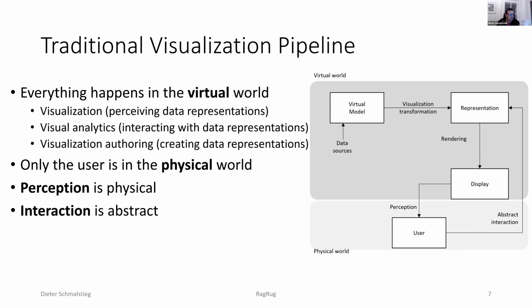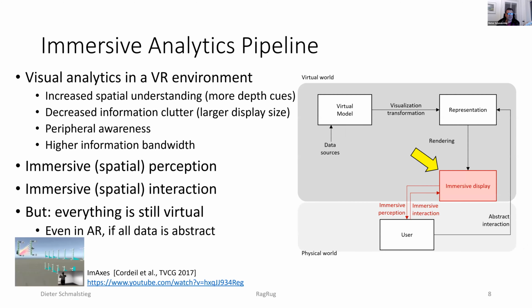And now if we move on to immersive analytics, really only one thing changes. The conventional display is replaced by an immersive display. And that brings about really interesting properties which are now explored by quite a few people, such as increased spatial understanding, more depth cues, or the possibility of having decreased information clutter because you can have a very large virtual display now.